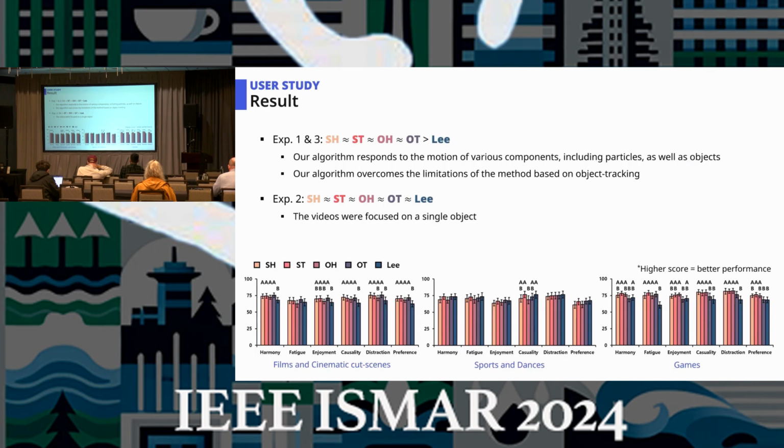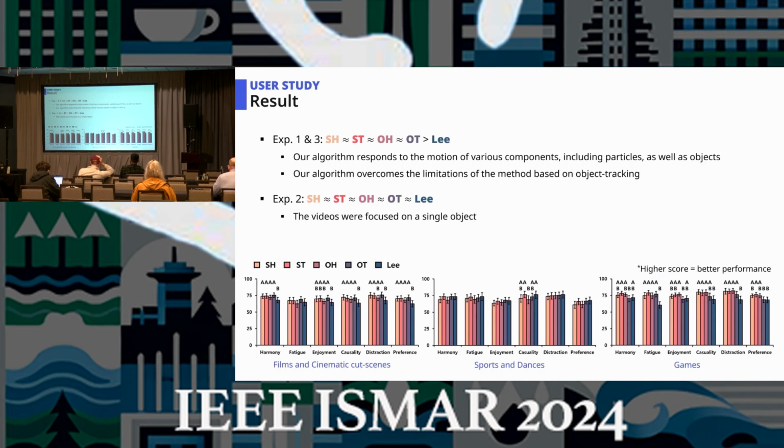For example, in the case of Lee's method, in game videos, the game characters sometimes kept going out of the video frame, so tracking did not work properly, and sometimes a rough motion effect was created due to the jitters of the bounding box. However, in the second experiment, there was not much difference between our algorithm and Lee's method.